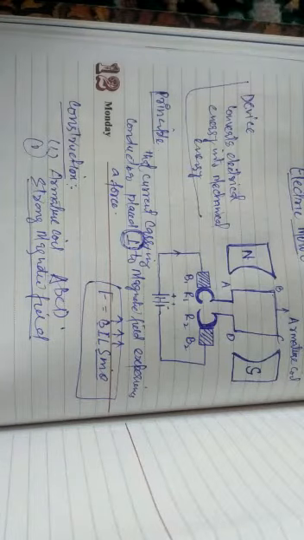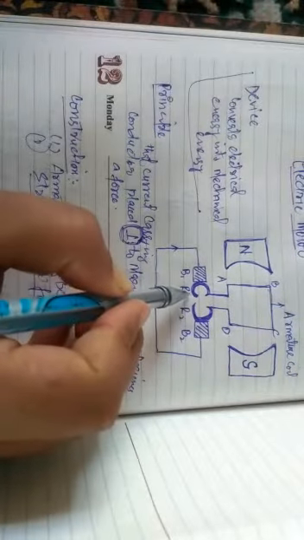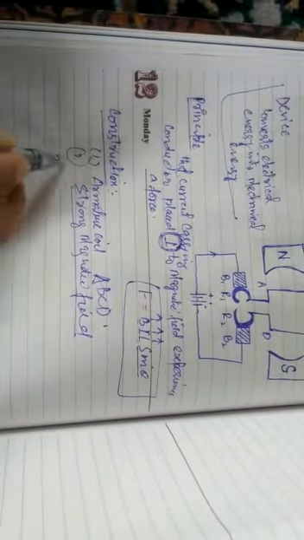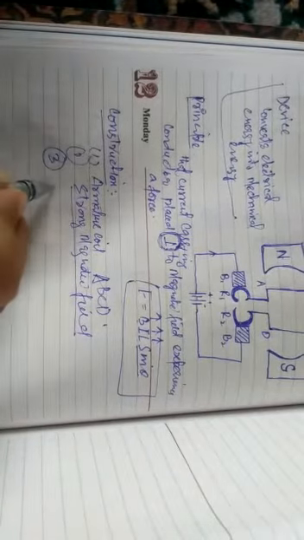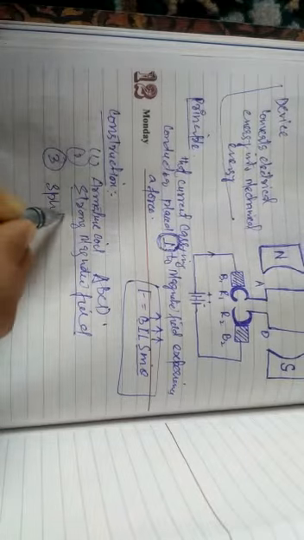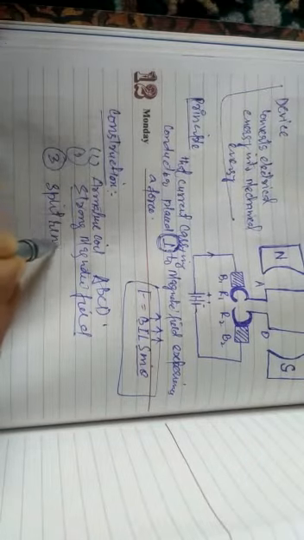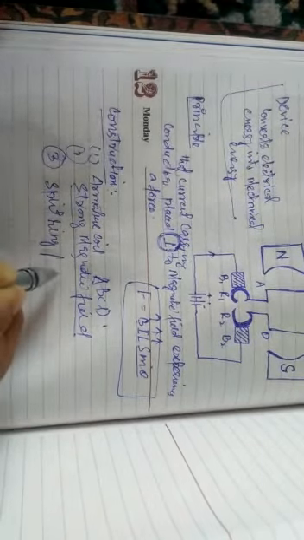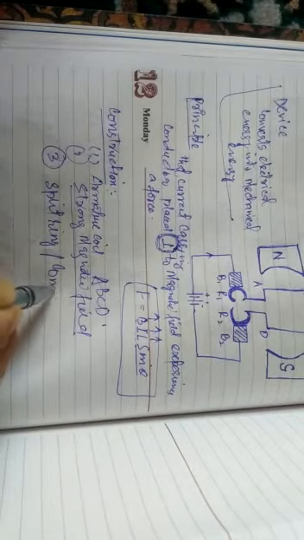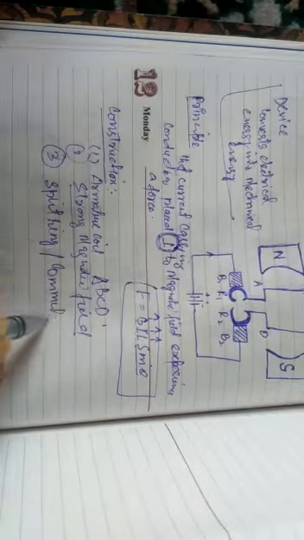Thirdly, we are having here R1 and R2. What are actually these R1 and R2? The third part of this construction is the split ring, or it is also called the commutator. It is very much important.